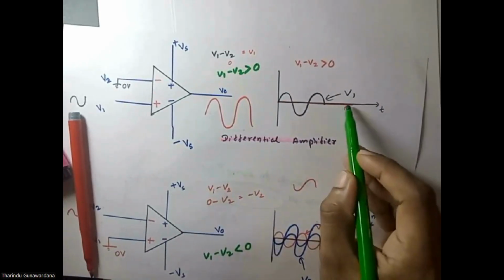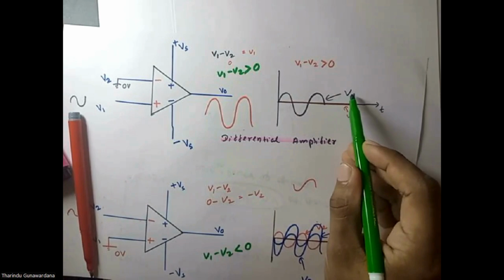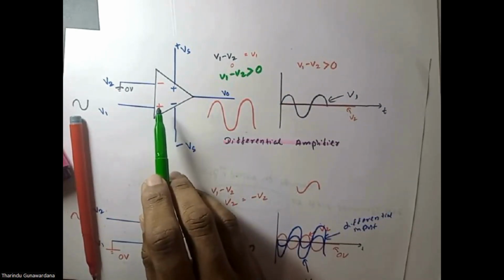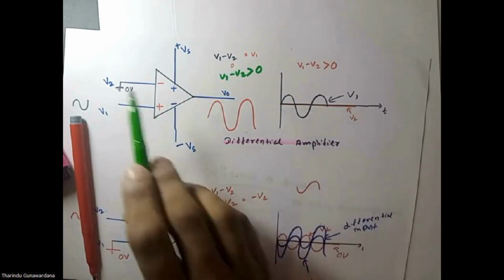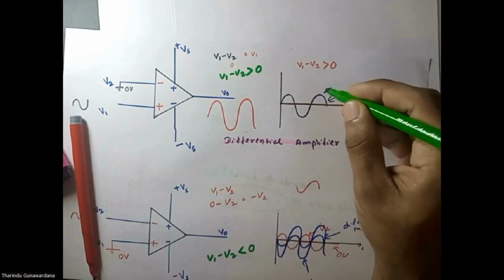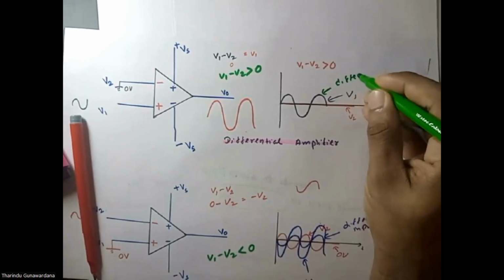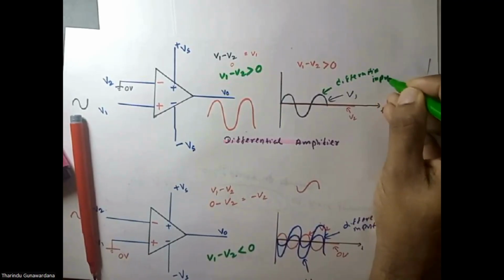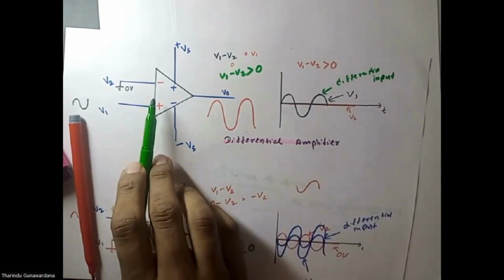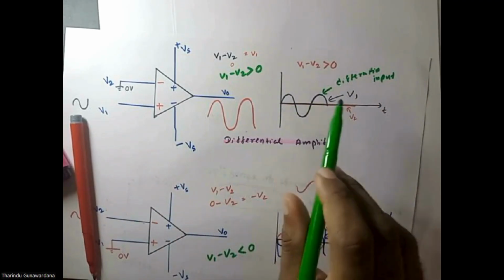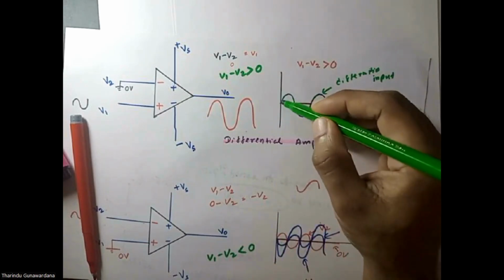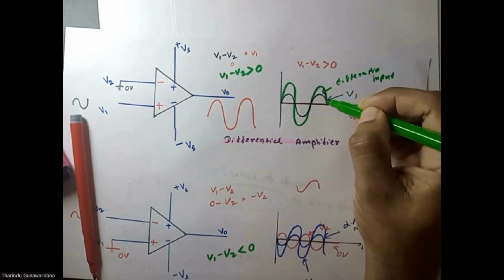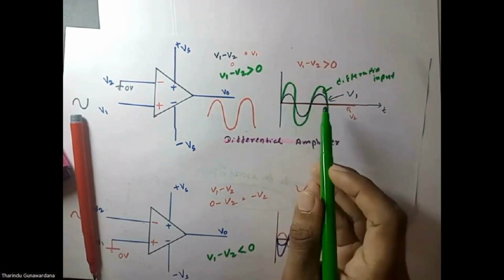Actually, this is V2, this is the input. This is V1. V1 is fed into the positive input, that is the non-inverting input. V2 is 0. Then this is the differential input. This op-amp is going to amplify this differential input. Then this is the output. The frequency is the same.